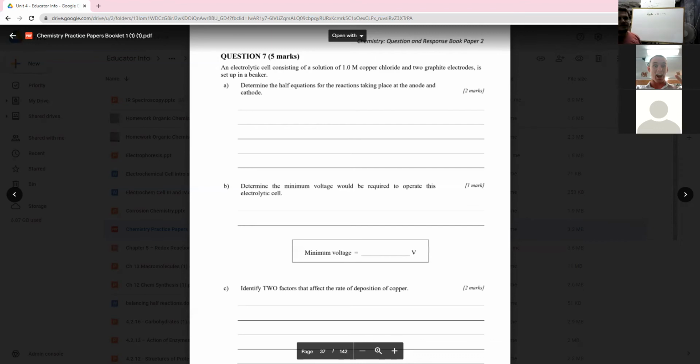Give us, because we know copper chloride, copper is Cu, chlorine is Cl. The formula would be CuCl2.